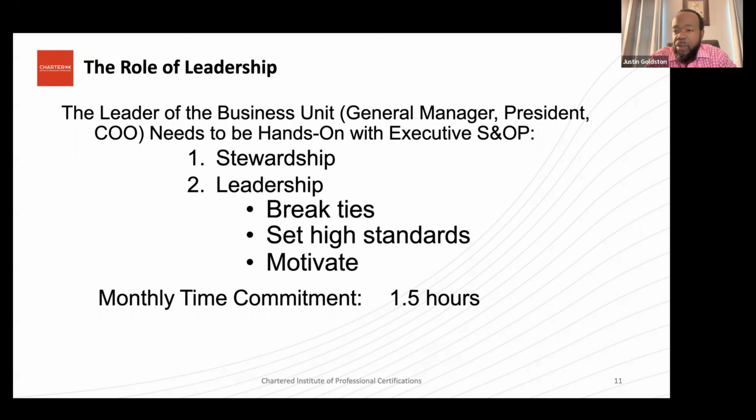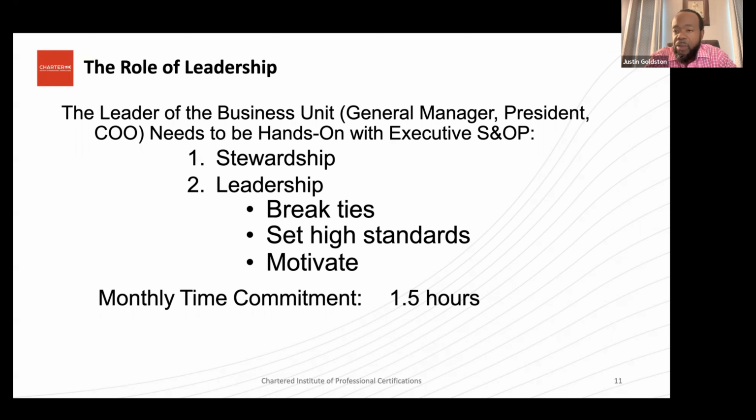But then I think that the most important role that the executive provides is to motivate and empower the workforce. Motivate and empower those decision makers, motivate and empower those department heads to reach those goals, to work together to reach those goals.